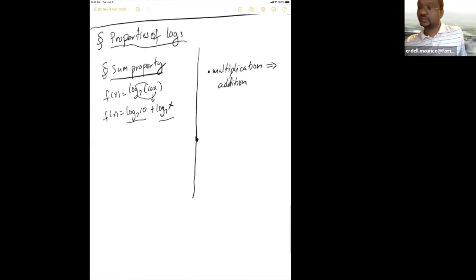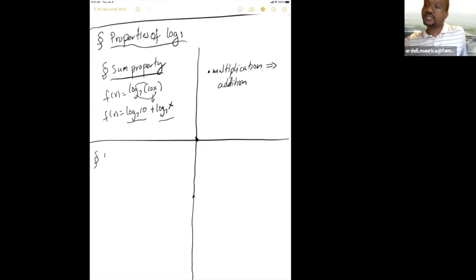Questions there? The opposite of multiplication is division, and so that takes us to the second property, the difference property.